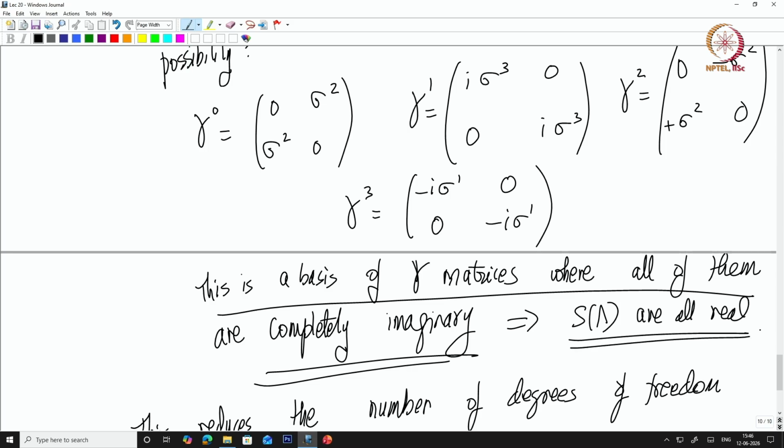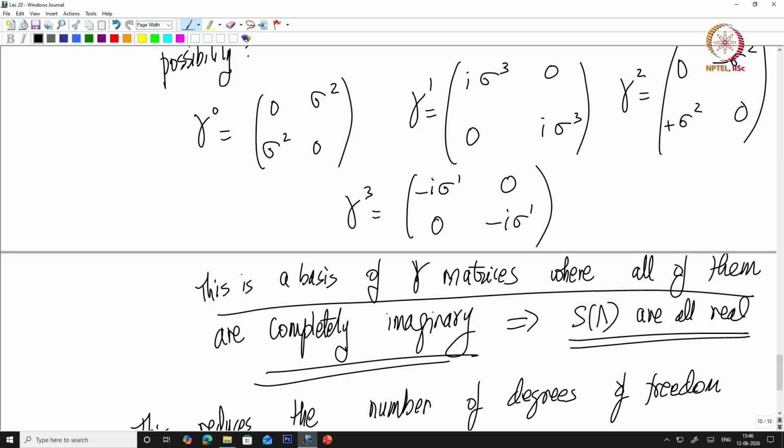So, the Dirac equation is real, because the Dirac equation is i∂̸ − m, gamma is imaginary, and the generators of the group S(Λ) = (1/2) γ^μ (i/2) γ^ν all become completely real.